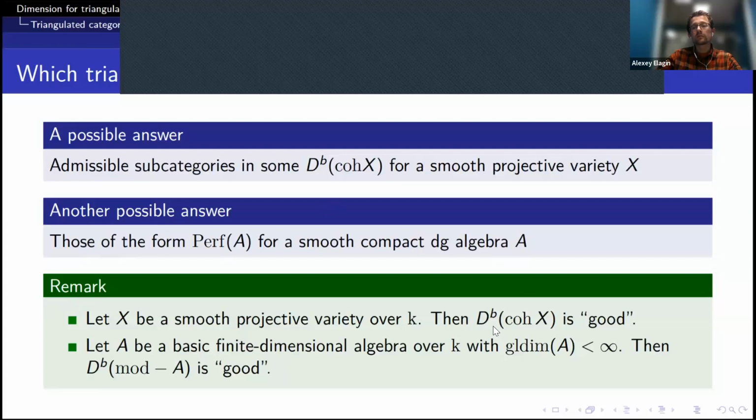Derived categories of coherent sheaves on smooth projective varieties are good. For the first notion of good, that is trivial, and for the second, that is a result maybe by Lunts or Keller or other people. And derived categories of modules over finite dimensional algebras of finite global dimension, the derived categories of representations, are also good.